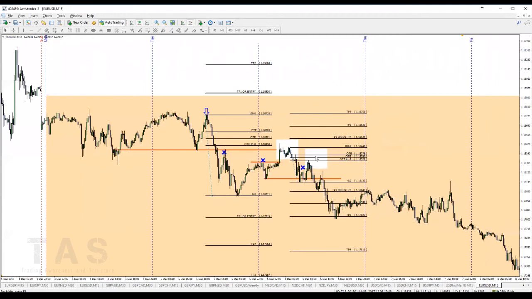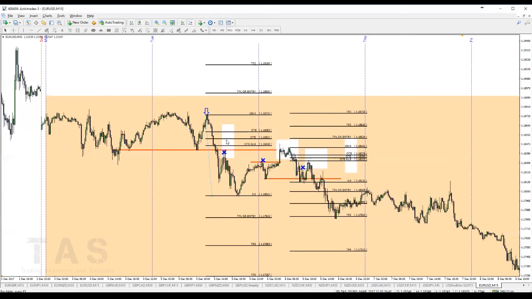Wow. In this case, you'd have an entry somewhere around here. Let's say you didn't get the stop, didn't get the 35th stop. And here it's giving you an entry.